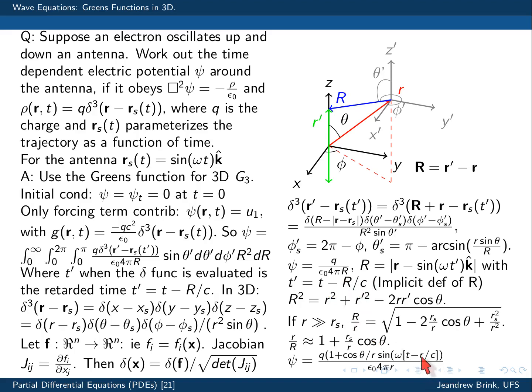So that's just little r over c. Okay, and so this gives you a formula far away from this antenna of what your field will be like.